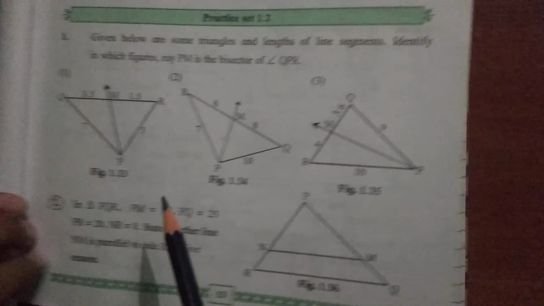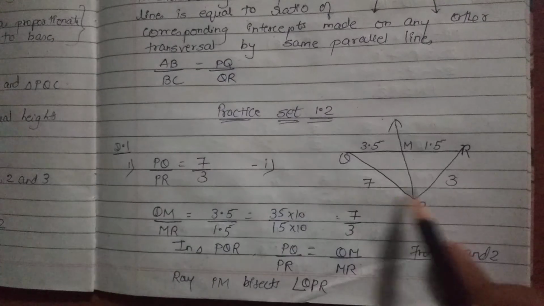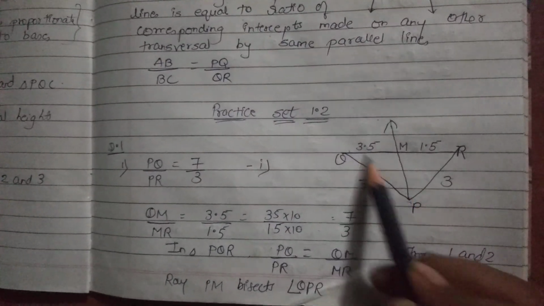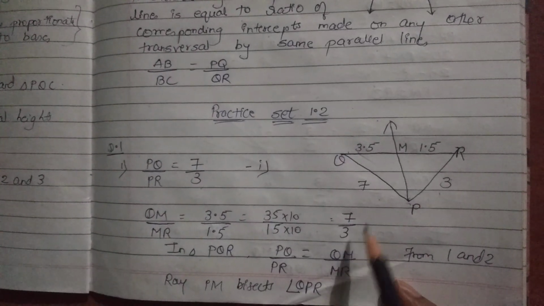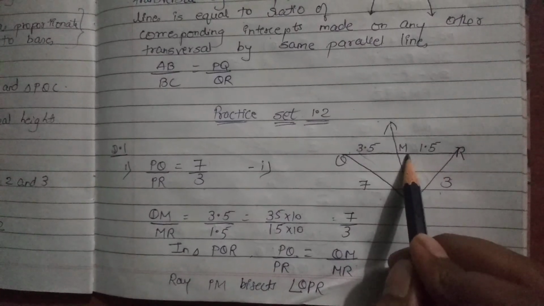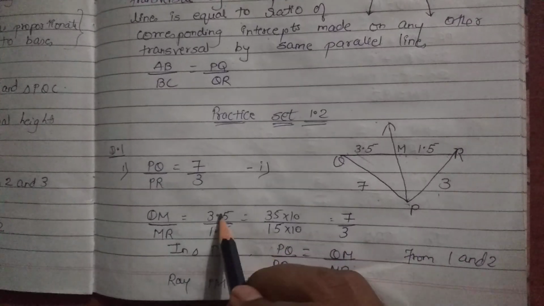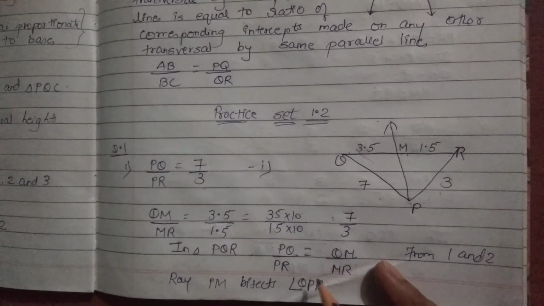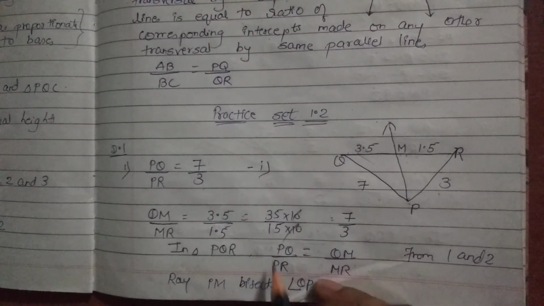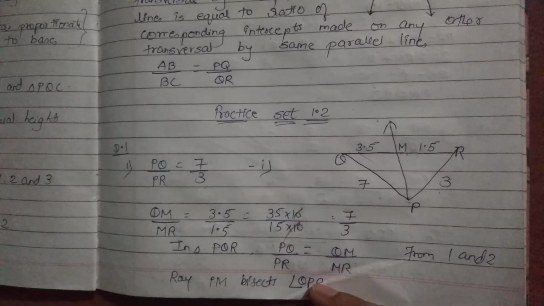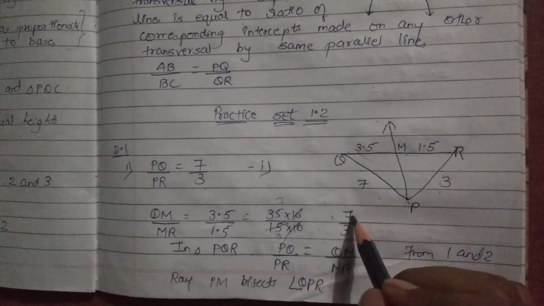So it will divide the side. PQ upon PR equals 7 by 3, it's given. Next, QM upon MR equals 3.5 upon 1.5. If I remove the decimal point, it becomes 35 upon 15. 5 threes are 15, 5 sevens are 35, so 7 upon 3.